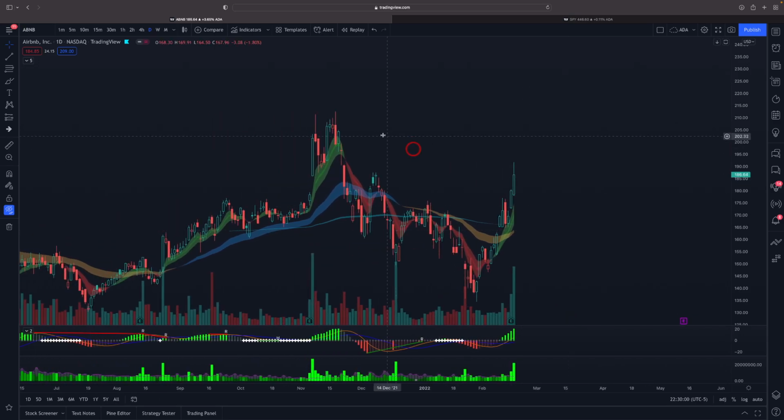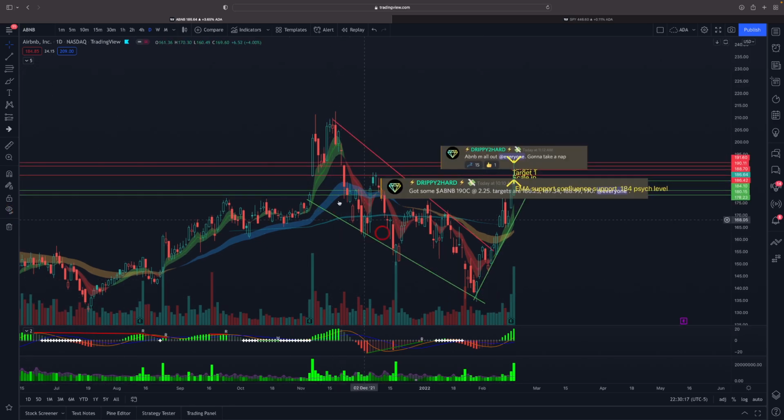Now what's going on here, you can see clearly it was in this channel and it broke out of this channel. Since then it's been running, and one day back there was strong volume and the volume was increasing. If you draw it like this, it's kind of a falling wedge, or you can draw a channel breakout, right?